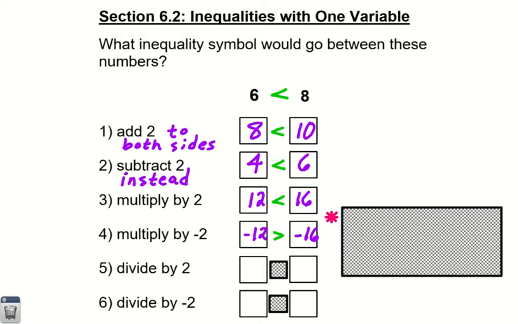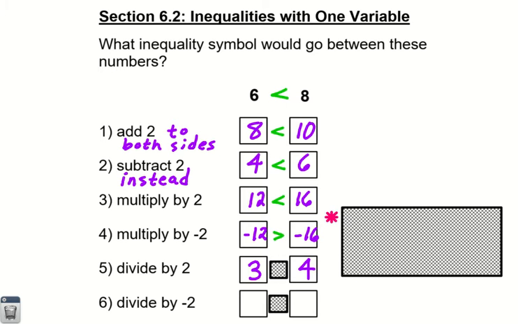And then what if we reset and we divide by positive 2? Going back to the original, 6 divided by 2 is 3, and 8 divided by 2 is 4. I didn't even use a calculator for that. I'm so smart.